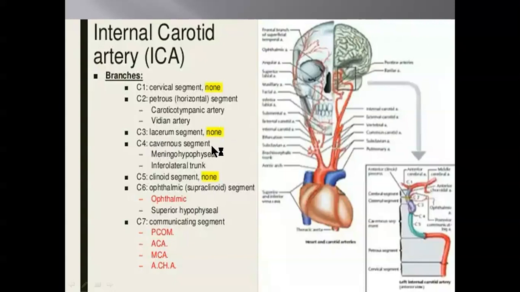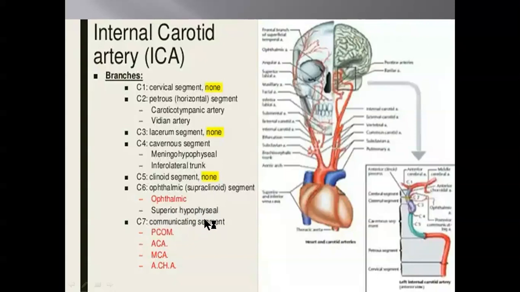The C4 cavernous segment gives the MHT, meningohypophyseal trunk, and the ILT, inferolateral trunk. The C5 clinoid segment gives no branches. Then the ophthalmic segment gives the ophthalmic artery and the superior hypophyseal artery, which supplies the anterior lobe, along with the infundibular arteries, which supply the stalk of the pituitary gland.